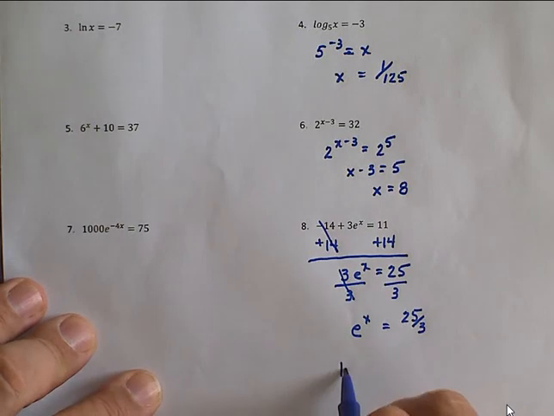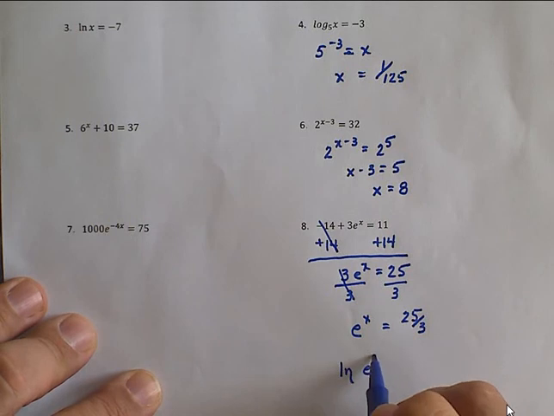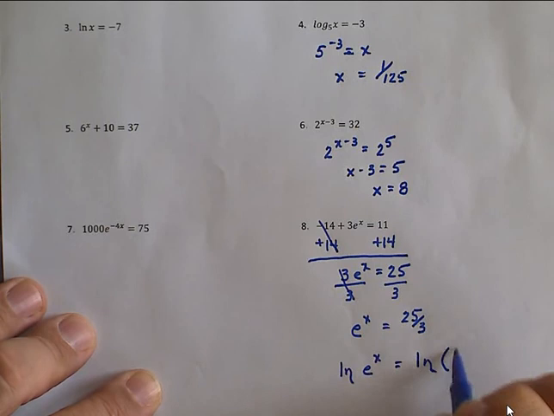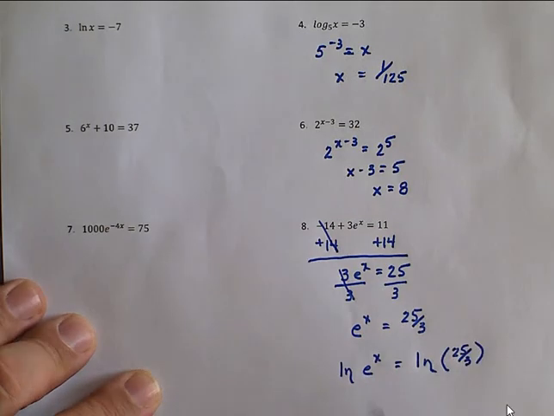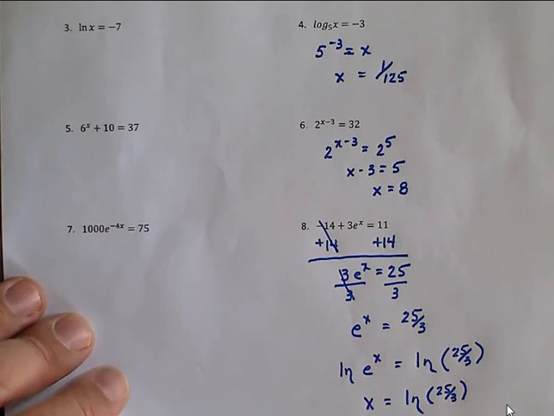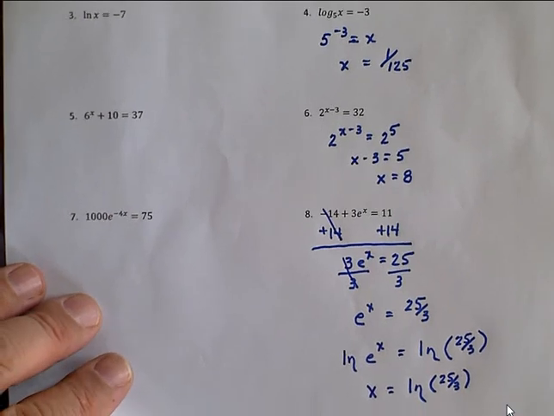So I'm going to take the natural log on the left side, and the natural log on the right side. The natural log and the e cancel each other out, leaving me with just x. And so the natural log of 25 thirds is my answer. Again, you could type that in, but I'm not asking you to. I just leave it like that.